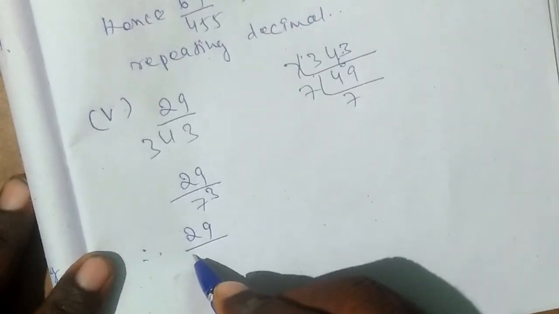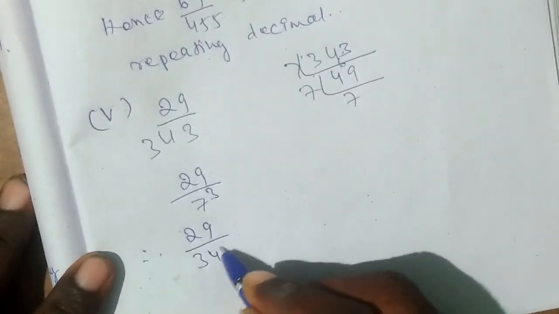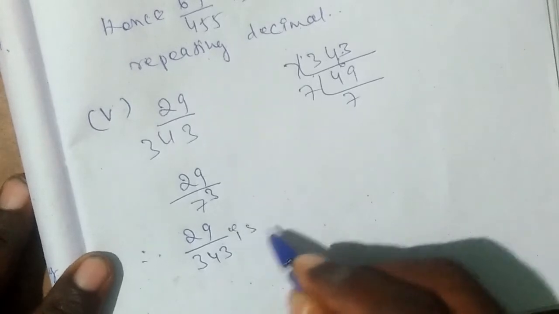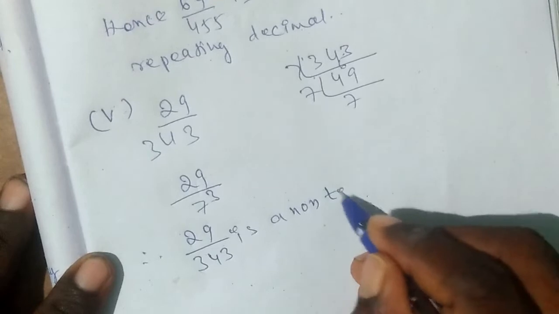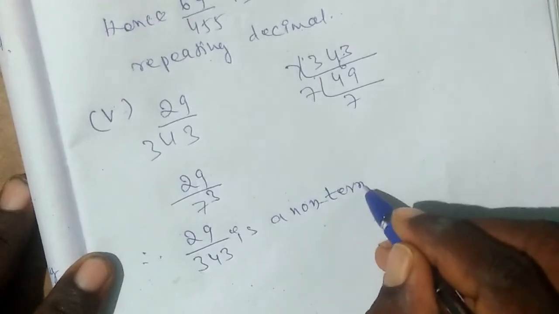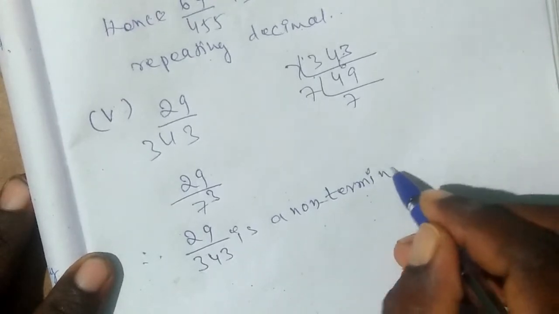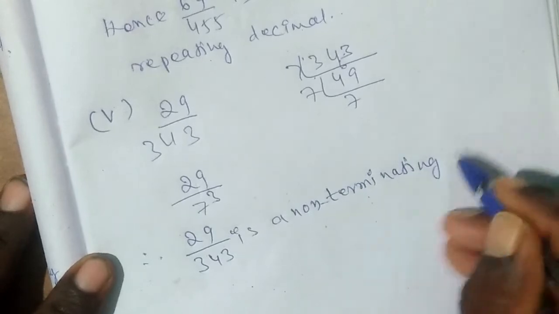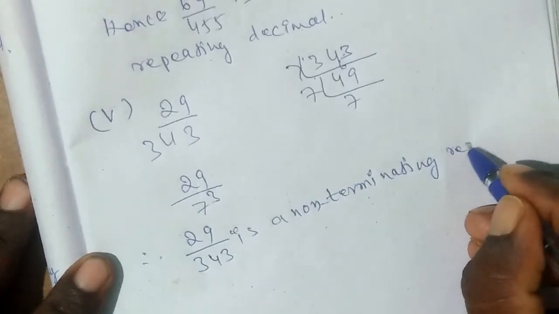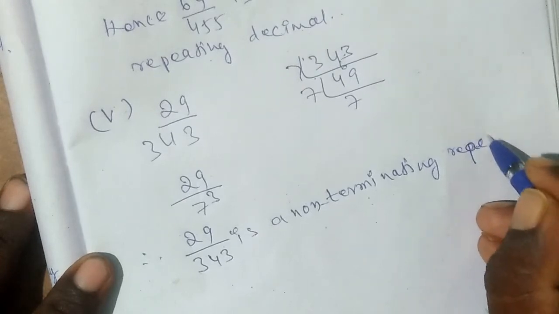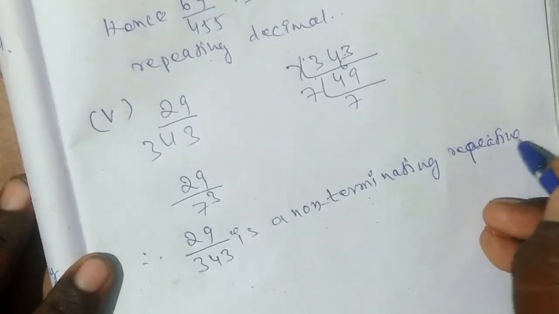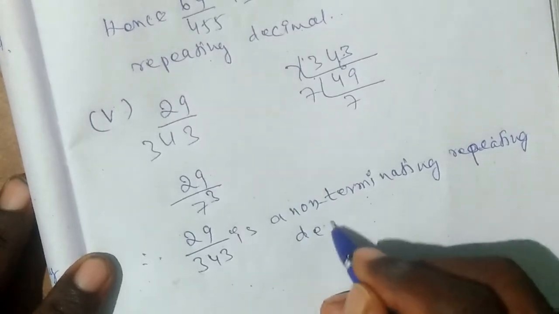29 by 343 is a non-terminating repeating decimal.